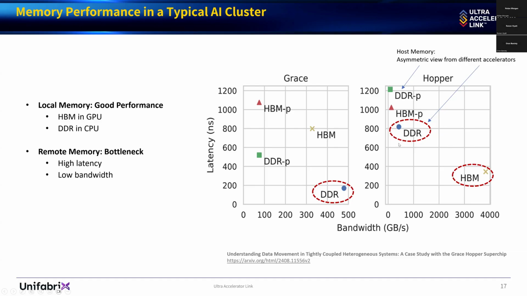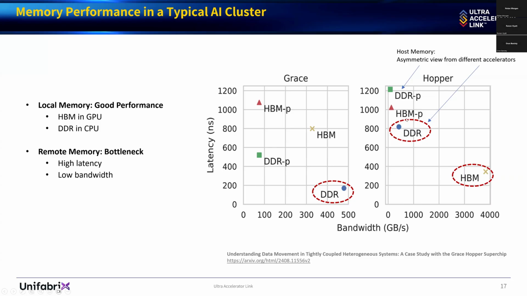As long as it is local memory, the performance is good. We see HBM on Hopper, the bandwidth is pretty good, almost 4 terabytes per second. This is one variant of the GPU. The latency is below 400 nanoseconds. And this DDR is the DDR of Grace, the CPU that connects to the GPU. It provides additional bandwidth, higher latency.